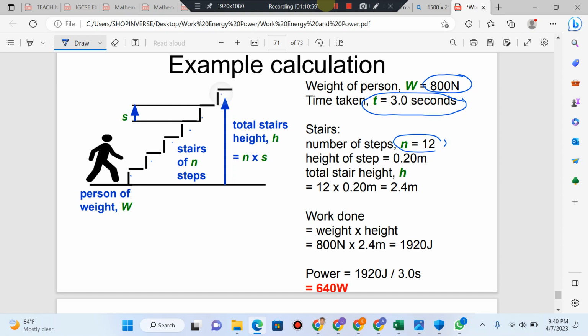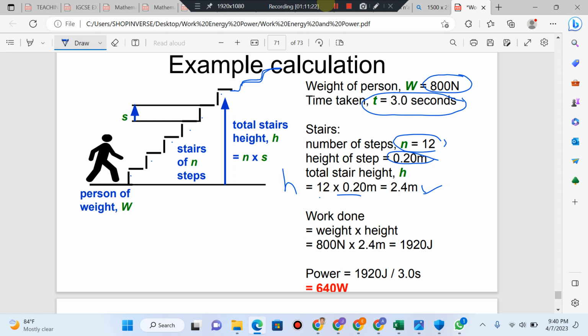We assume the number of stairs is 12, though if you count, you get 6. But let us assume it continues and the total number of stairs we have is 12. And the height of each of them is 0.2 meters. So the total height will be 12 times 0.2, which gives you 2.4 meters.